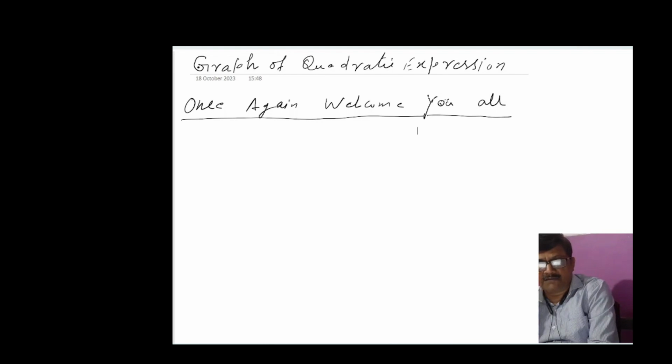By drawing the graph of a quadratic expression, we come to know when the quadratic expression will be positive, when it will be negative, when it will be zero, and the maximum and minimum value of a quadratic expression. So many questions are asked in our IIT JEE exams on this topic. So today I am going to discuss the graph of a quadratic expression.